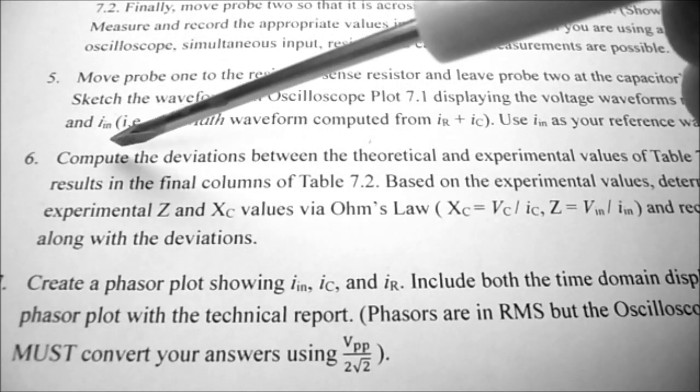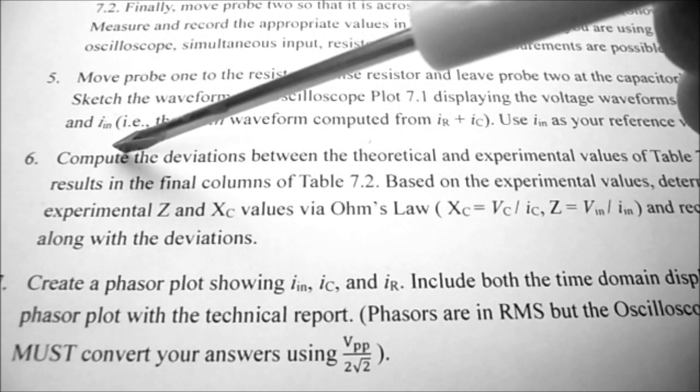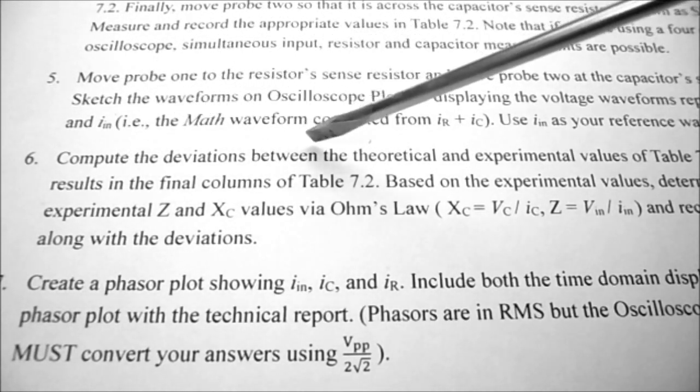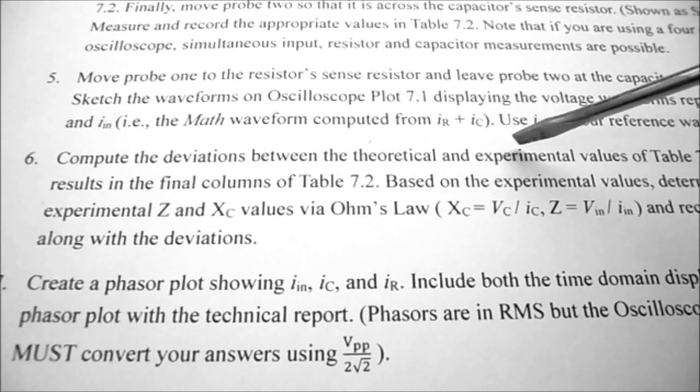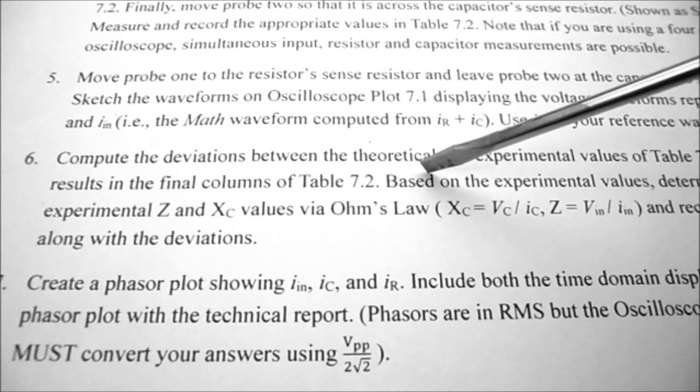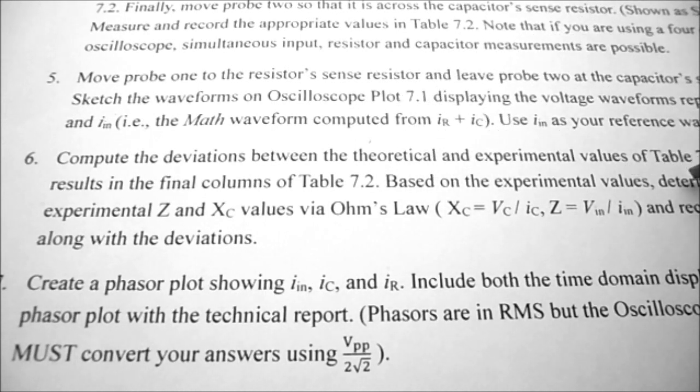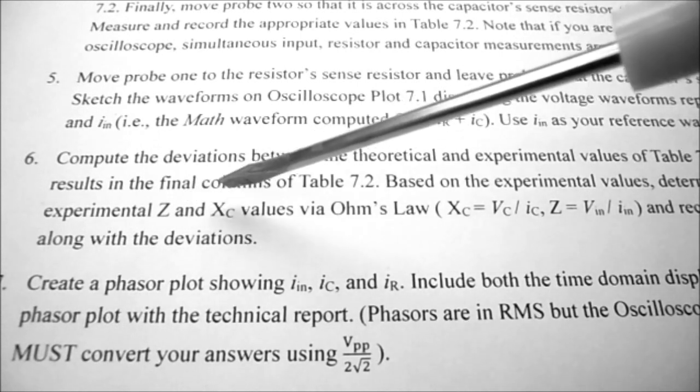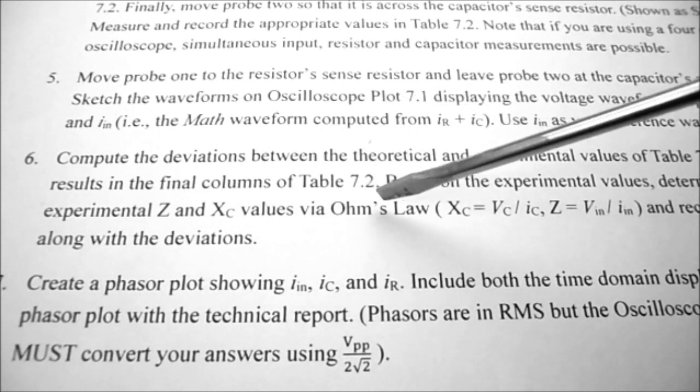So under procedure step 6, we're to compute the deviations between the theoretical and experimental values of table 7.2. And based on the experimental values, determine the experimental Z and XC value via Ohm's law.